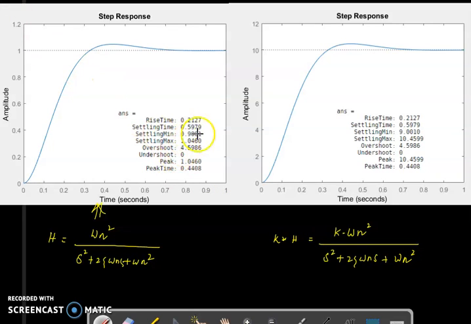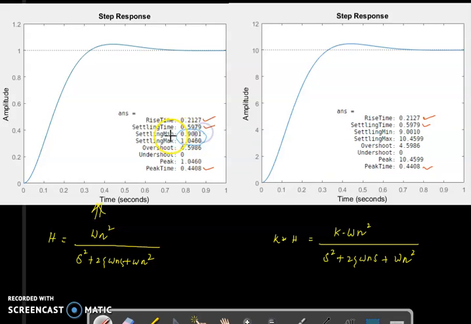Let us check. The rise time is 0.2127, and in the second case it is the same. The settling time is the same in both cases, and the peak time is also the same.